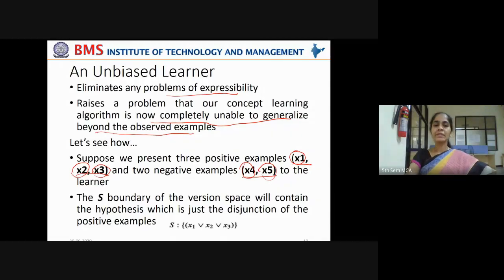In that case, the S boundary of the version space will contain the hypothesis which is just the disjunction of the positive examples, right? So whenever a positive example is encountered, how will the specific boundary set be taken now? It will take it as x1, or it can be true for x2 also, or it can be true for x3 also. That will be the specific boundary version space now.